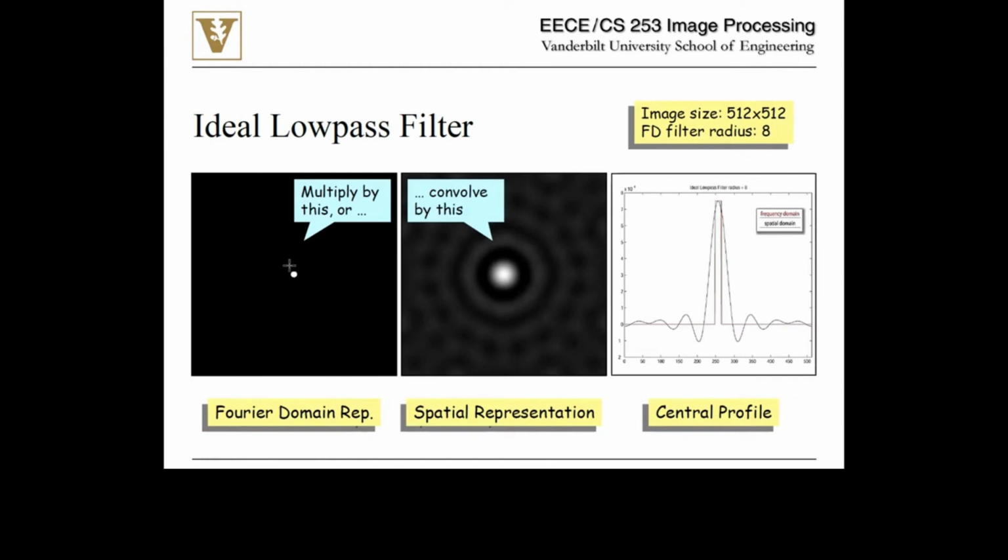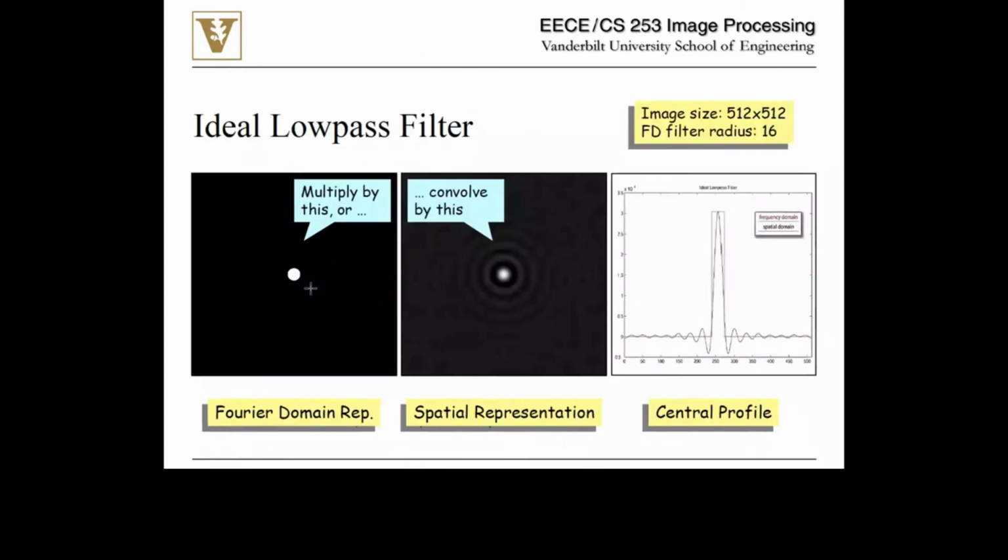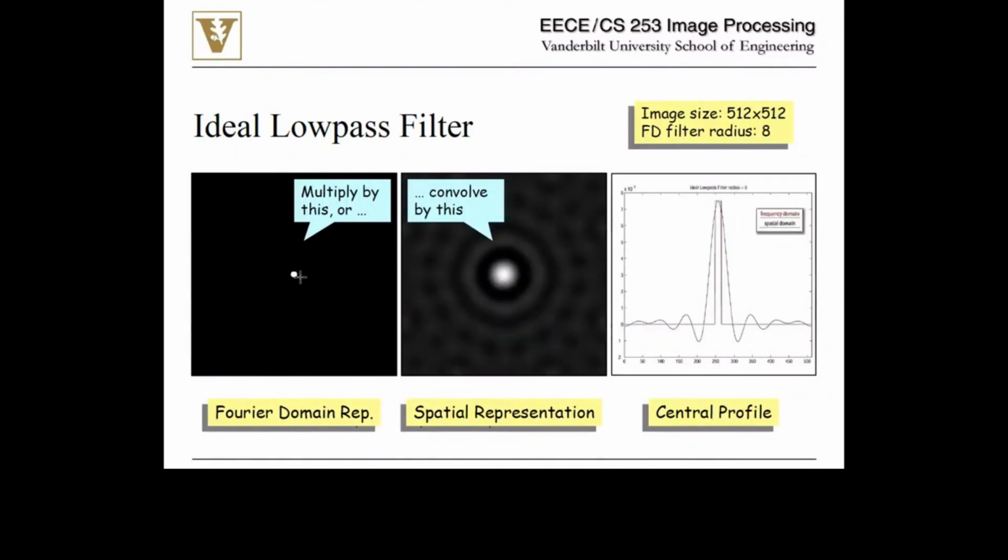If you are compactly supported in one domain, you have to be wide in the other domain. So this one is bigger in Fourier space, so it is narrower in real space. This filter is more narrow in Fourier space, so it has to be wider in real space.